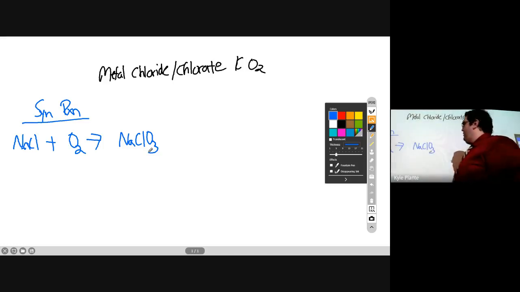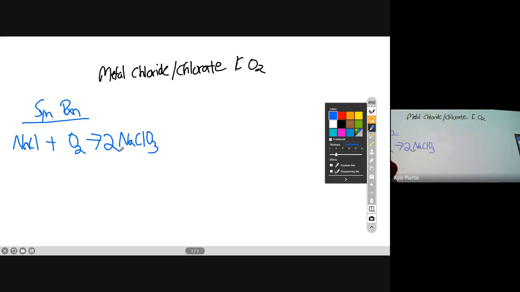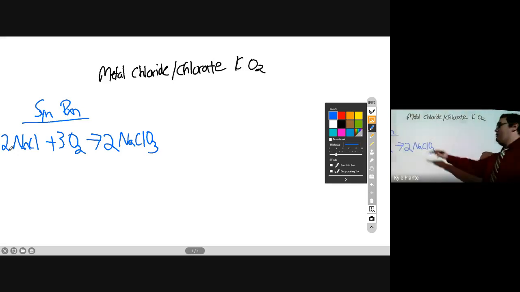And now we've got to balance this equation. So the synthesis reaction, we have our metal chloride, sodium chloride, we're reacting it with oxygen and we get a metal chlorate, sodium chlorate.